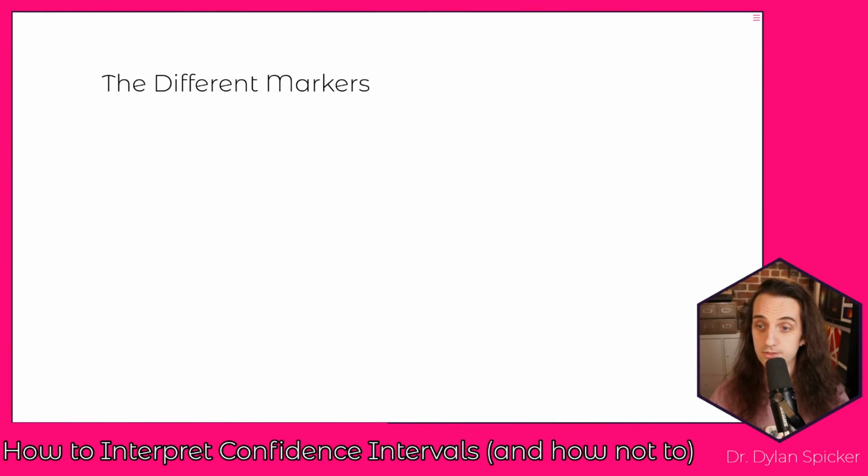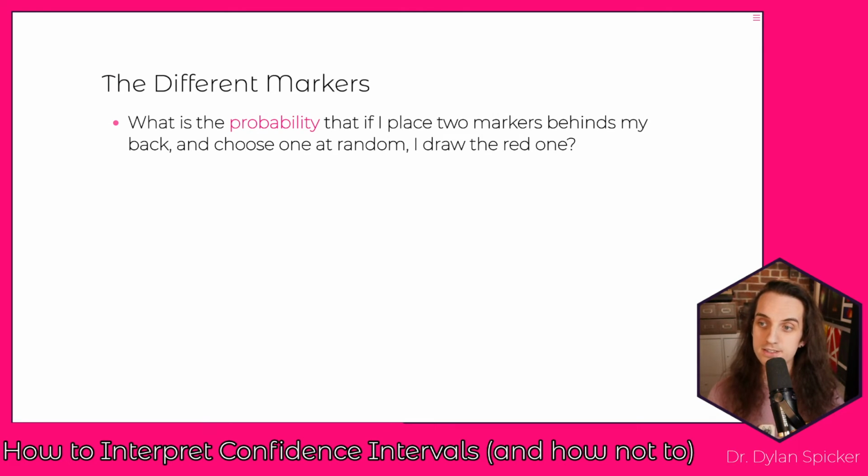The confidence interval is a procedure that's going to give you, say, a 95% chance of having the true value in there. But once you have a specific interval, it either is or it isn't. There's a 100% or a 0% chance. And so just to walk through that example in words, what's the probability if I place the two markers behind my back and choose one at random that I draw the red one? Well, that's a 50% probability.